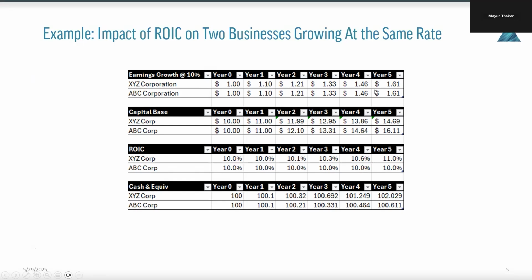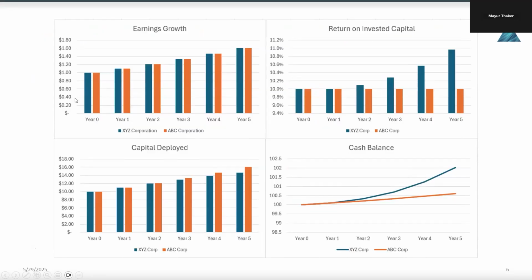So despite the fact that we have identical earnings, and this is presenting the same table but in graphical form, you can see that the earnings growth is identical for both companies. But the capital deployed for ABC is greater than the capital deployed for XYZ, which means that ABC is more capital intensive than XYZ is. And because of that greater capital intensity, you have lower ROIC for ABC and therefore a lower cash balance for ABC than XYZ.